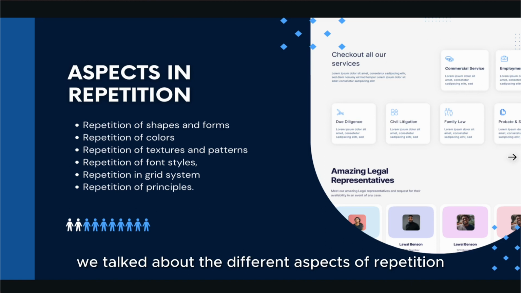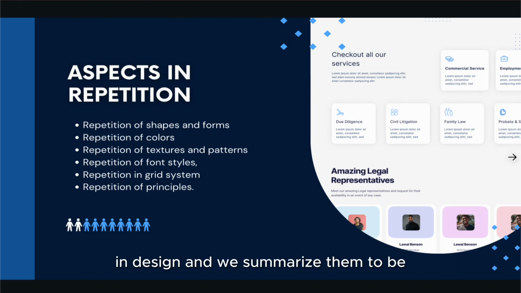We talked about the different aspects of repetition in design, and we summarized them to be repetition of shapes and forms, repetition of colors, repetition of textures and patterns, repetition of font styles, repetition in grid system, and repetition of principles.